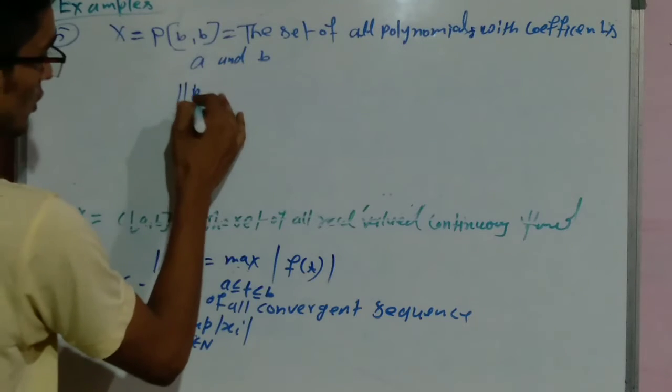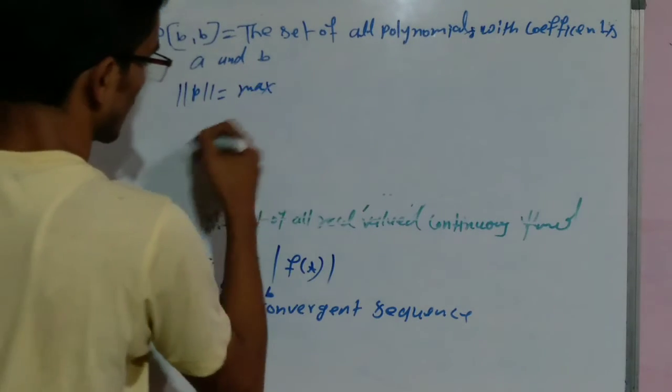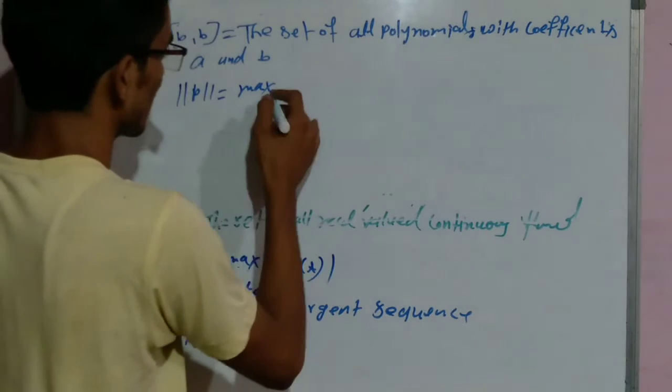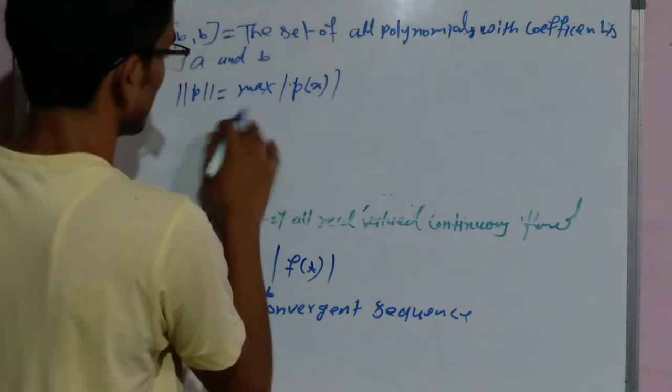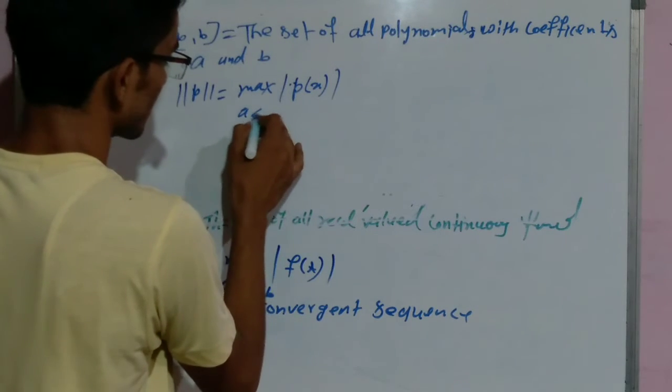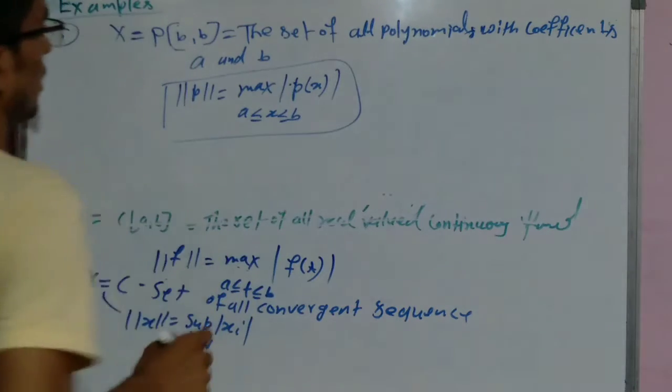So here the norm can be defined as the maximum of |P(x)|, where x lies between a and b. So this is the norm on P[a,b].